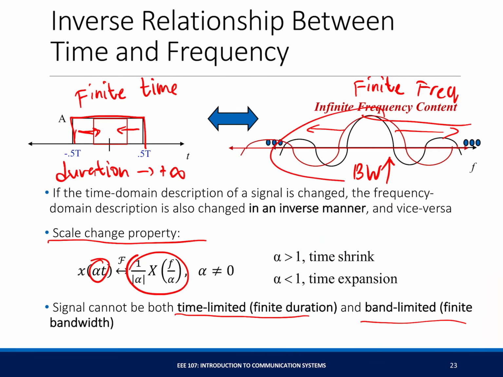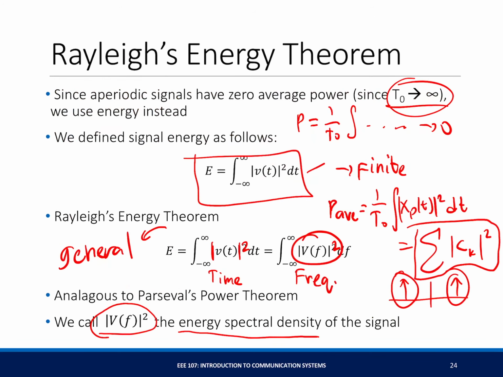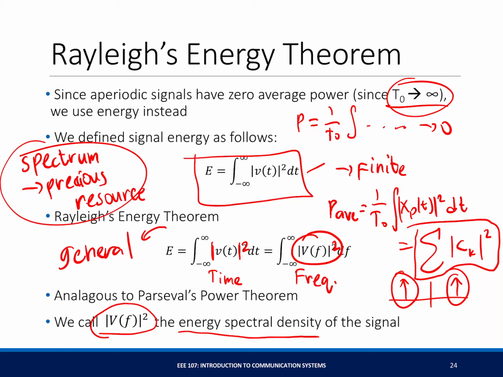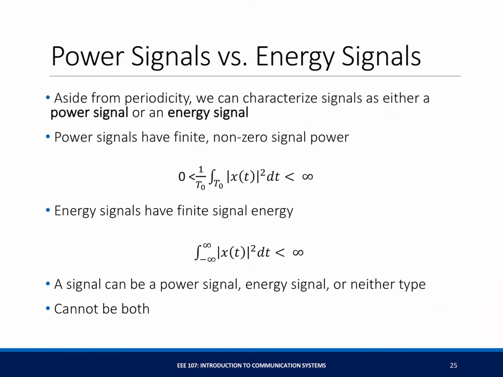We are also concerned with how much frequency spectrum it occupies. Okay? And I want you to realize now that spectrum is a precious resource. We want to be efficient in using the frequency spectrum.